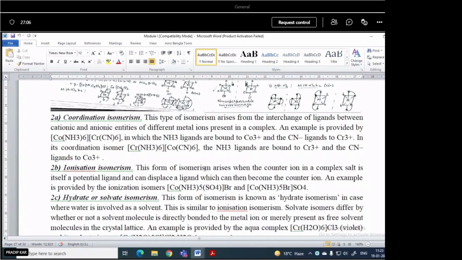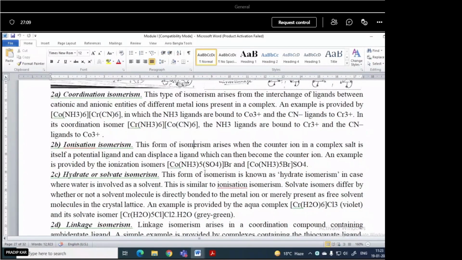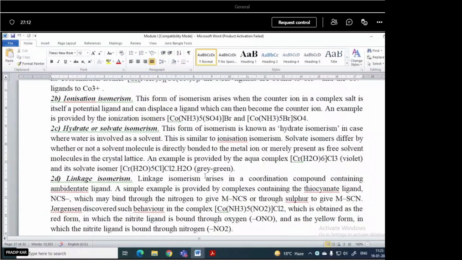Ionization isomerism means we get different ions during ionization in the aqueous solution of the coordination complex. It means the ions just exchange their position. One ion goes from the primary valency to the secondary valency, like [Co(NH3)5SO4]Br. Here, with 5 NH3, when we ionize it, we get Br minus and this as a plus.